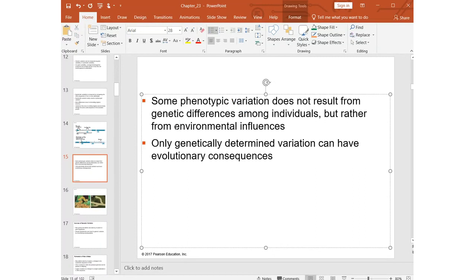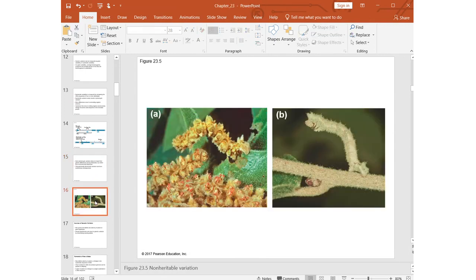For example, if a person has the genes for being really tall, but maybe they have a poor diet when they're a kid, and so they don't grow to be as tall as they could be. And their poor diet is an environmental influence. But basically, only genetically determined variation can actually be worked on by evolution, because evolution is a change in the genetics of a population from one generation to the next.